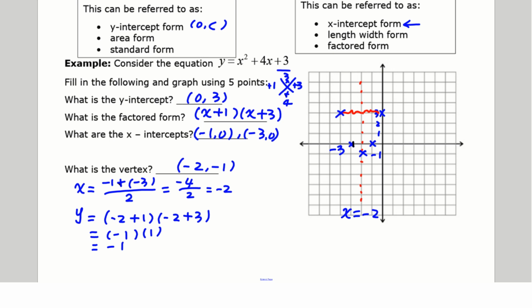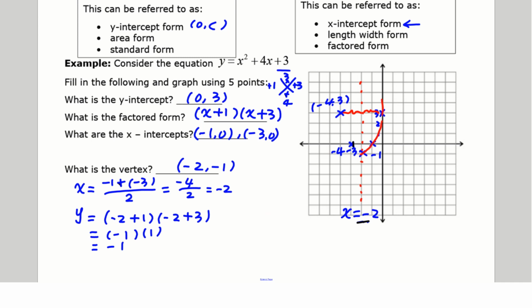I will relabel it. So this is -3 and this is -4. This point's x coordinate is just double the x coordinate of the vertex. So right 2, then left 2, it's just double this -2. So it's -4 and 3. We have these 5 points, then we can graph.